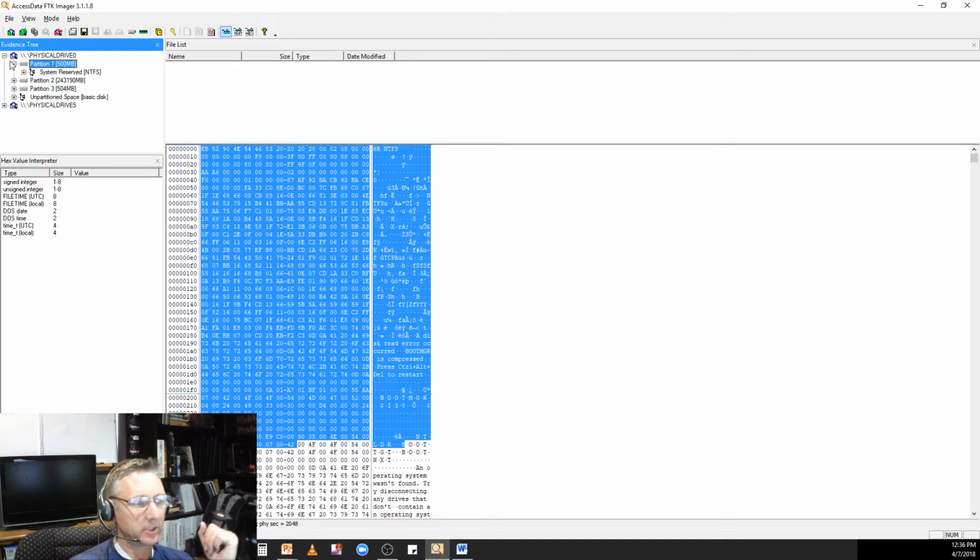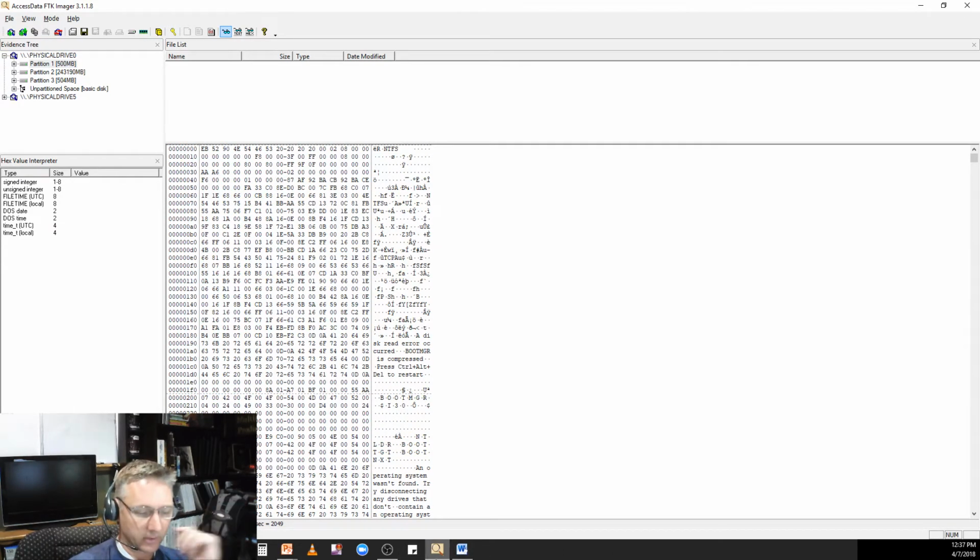That's the boot partition. So when Windows goes looking for the information to boot up, it's pointed to this first partition. That's why this is our primary boot partition. And again, we've already confirmed that.